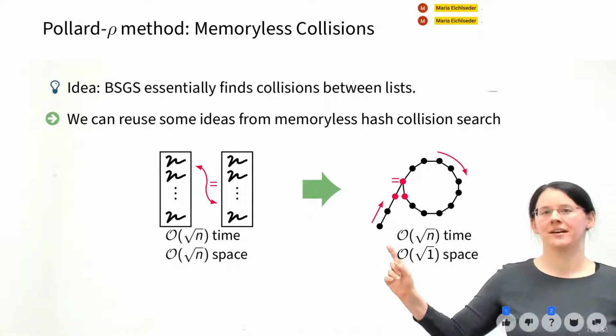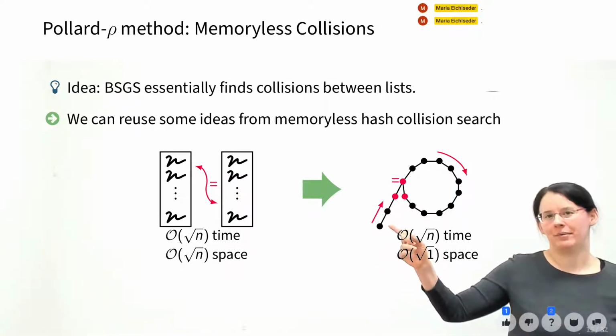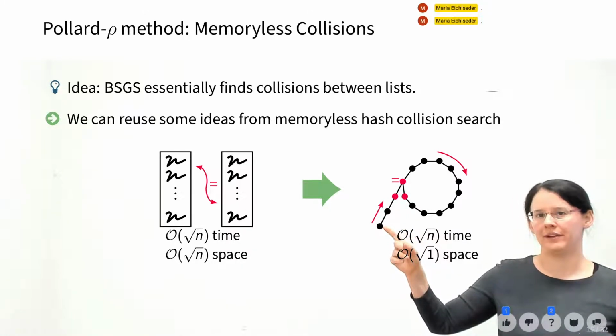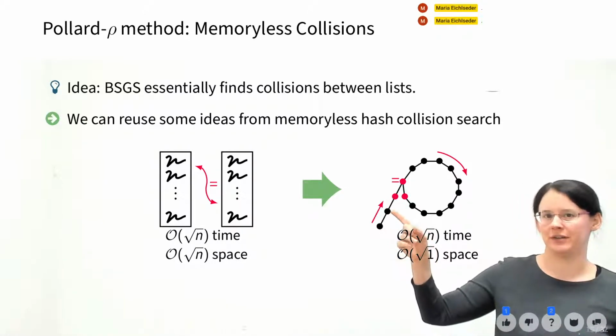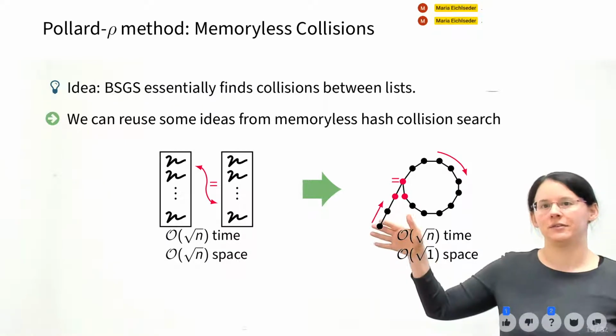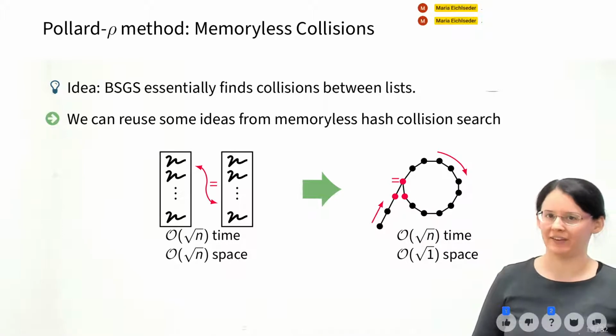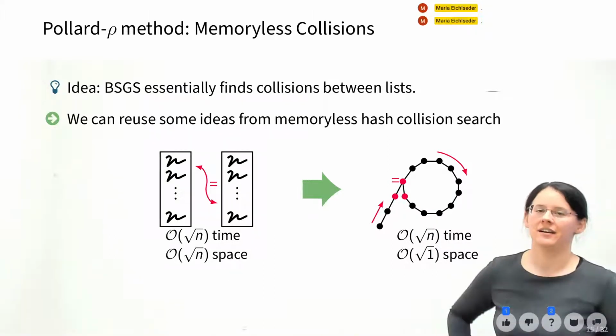We can do this by specifying a particular update function that updates one potential value that could collide to another potential value. And then we loop through all of these values using, for example, the tortoise and hare algorithm until we find a collision.